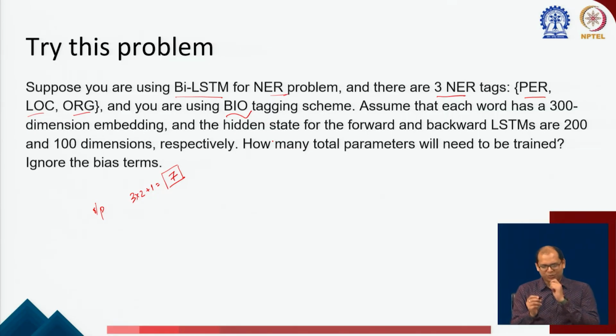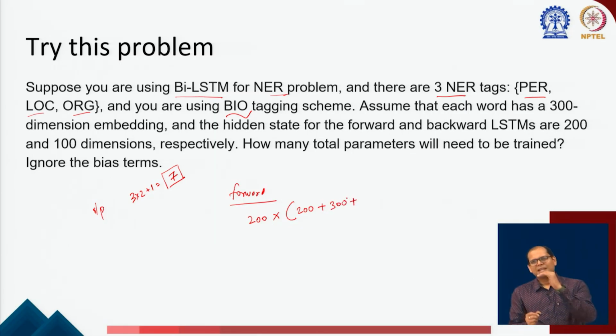So what this example tells you is that in the forward and backward RNN, it may happen that you are using a different dimension for hidden states, which is okay because finally you concatenate them, right? So how many parameters in total are to be trained? Let's see for the forward RNN: the hidden dimension size is 200, so the matrix from hidden to hidden is 200 times 200, from input to hidden 300 times 200, and from hidden to output 200 times 7.